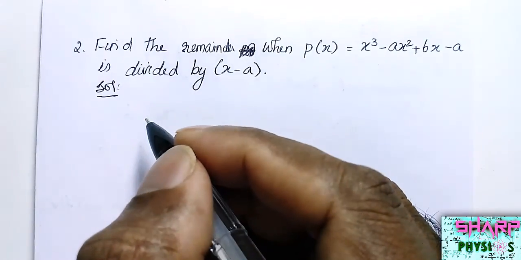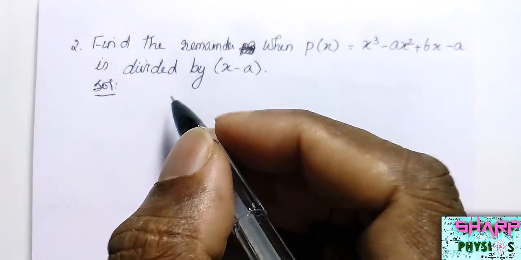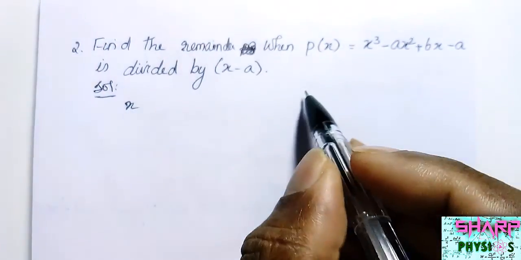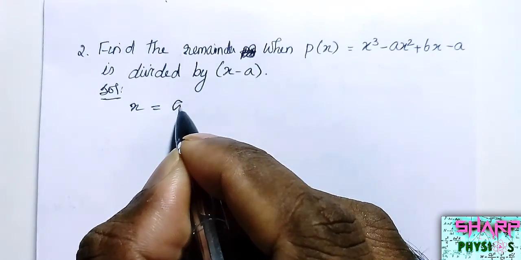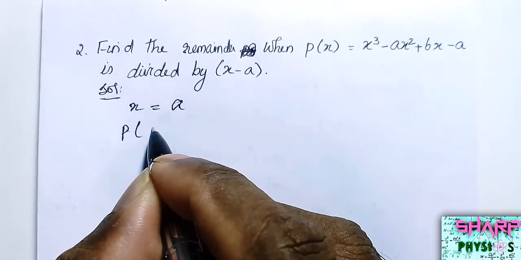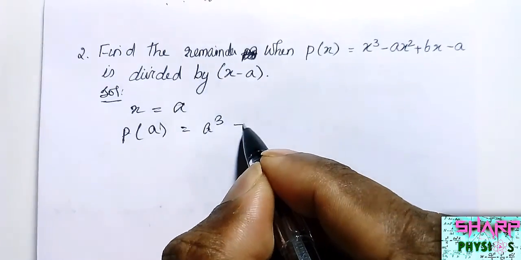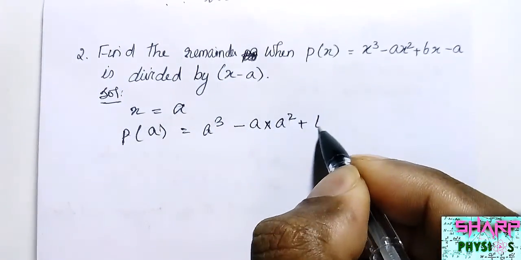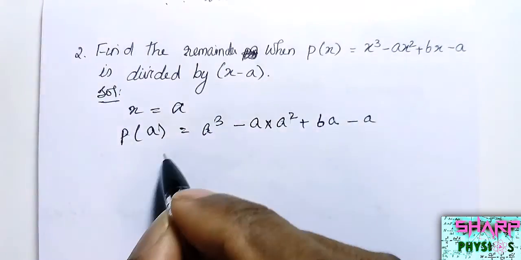So here we want to find out the remainder of this particular polynomial. So x is equal to, here it's not a number, it's a letter a. So x is equal to a, we are going to substitute a here. P of a is equal to a cube minus a into a square plus 6a minus a.